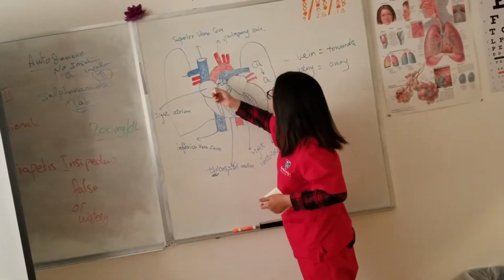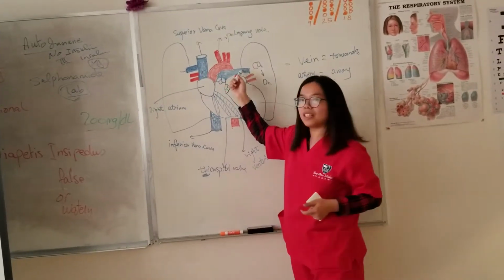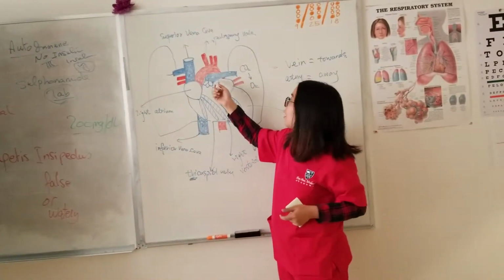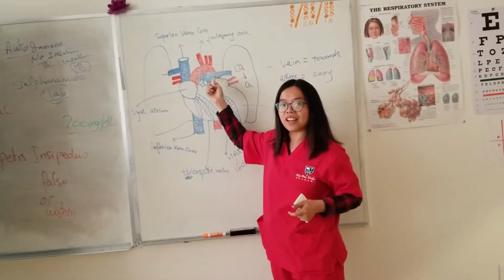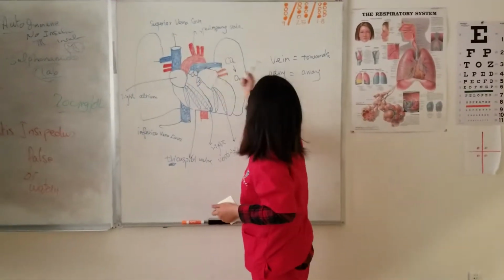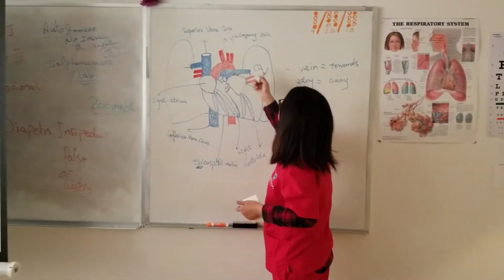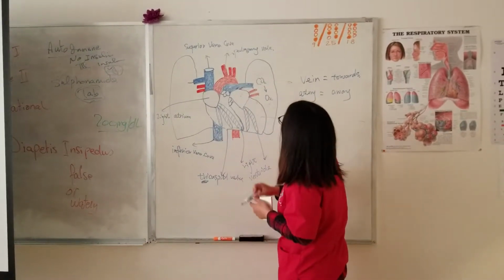Do you know, is this a vein or an artery? It's an artery, because it goes away from the heart, then goes to the lung, and then goes back to the heart, so it's a vein.